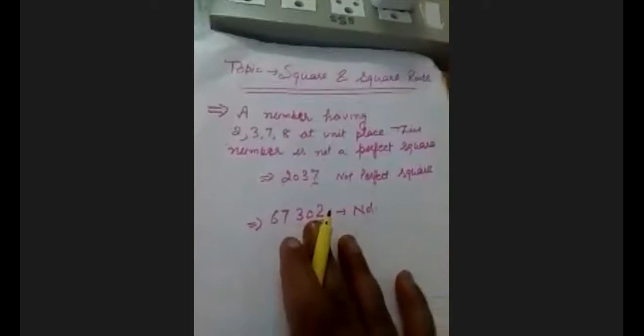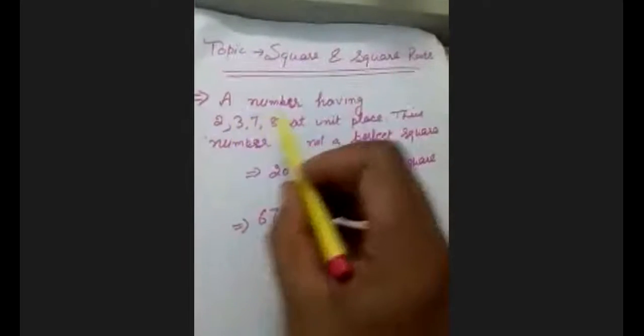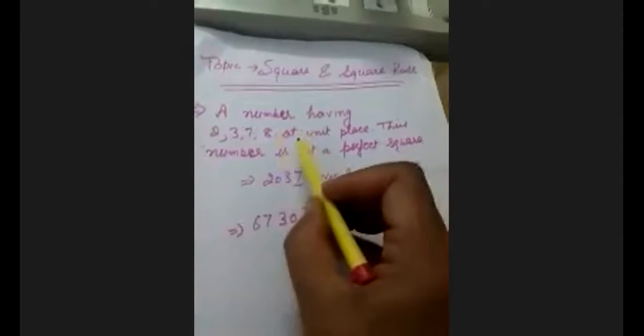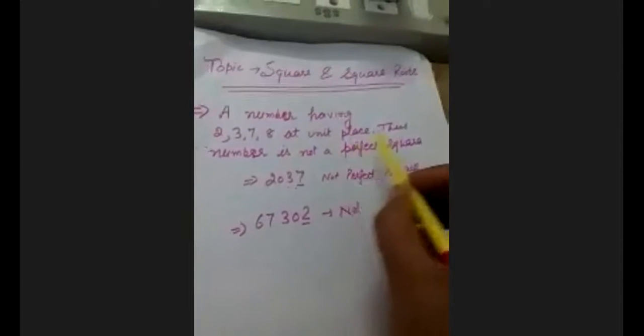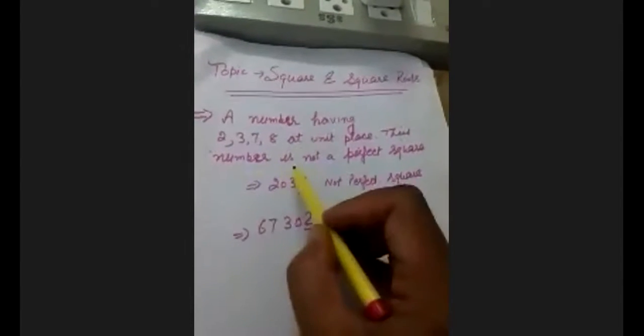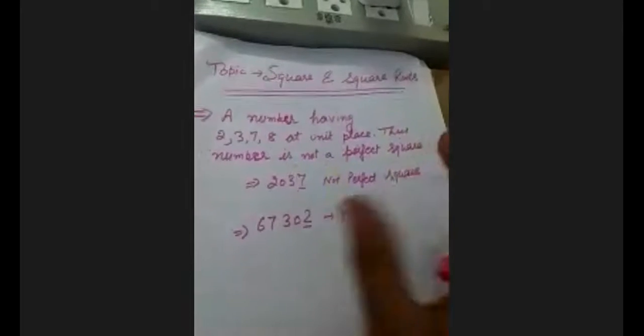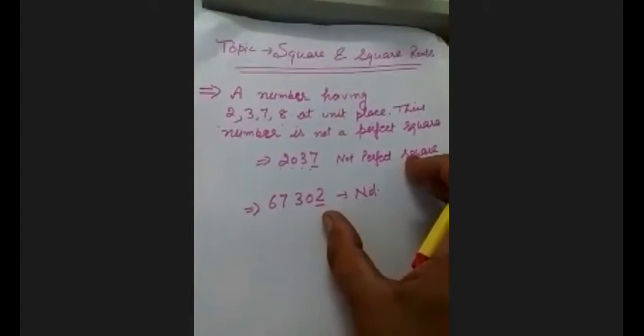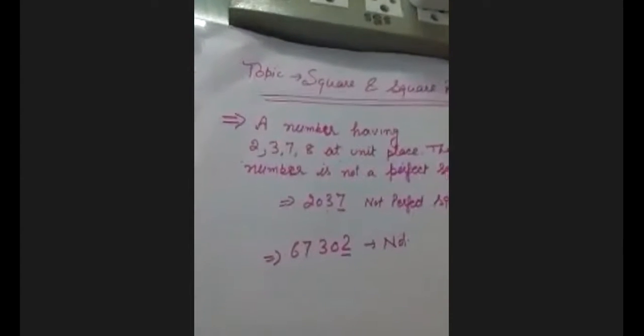So our property is: if a number has 2, 3, 7 or 8 at the unit place, this number is not a perfect square. Clear, students? Next is the second property.